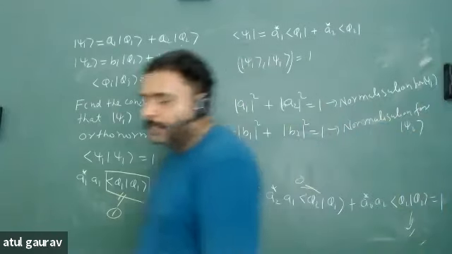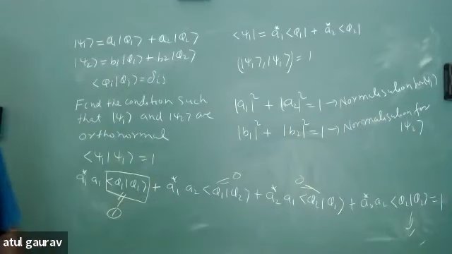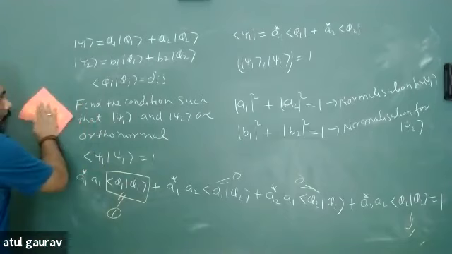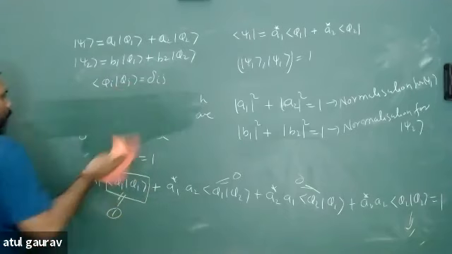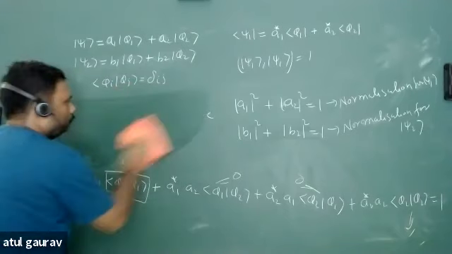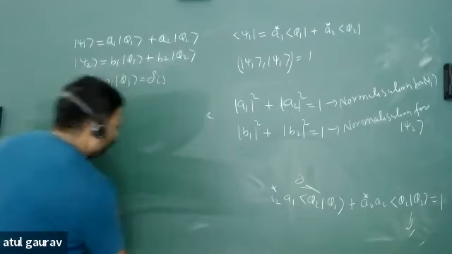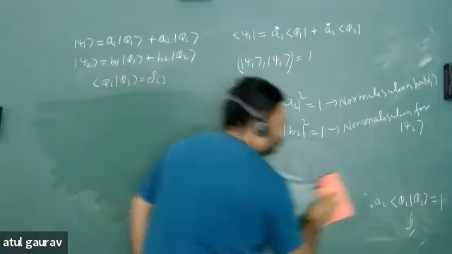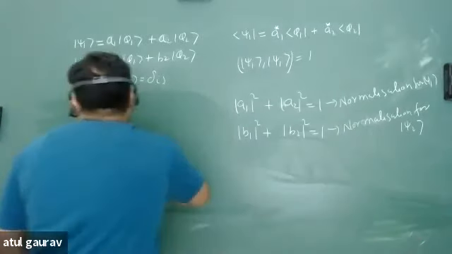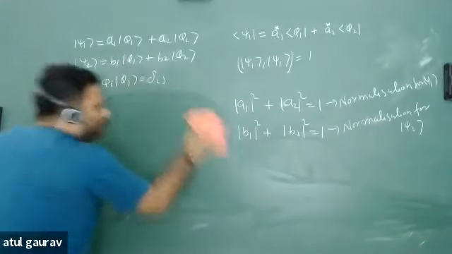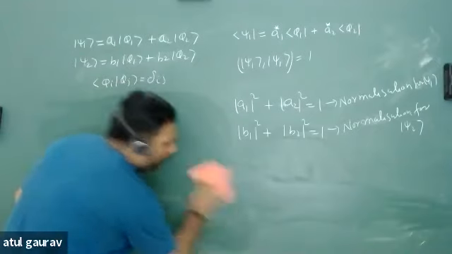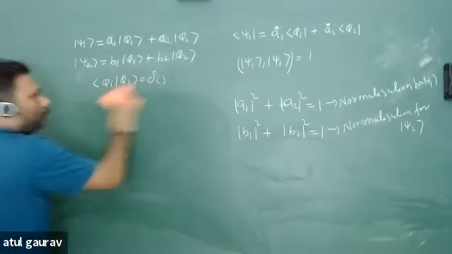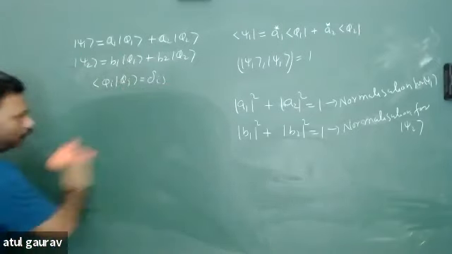And now we have to go for what? The orthogonal condition. So what are the orthogonal conditions? So you can have two equations, but both will give you the same answer because on the right side we have 0. So what you can write?